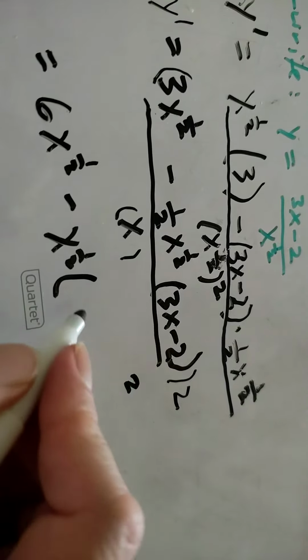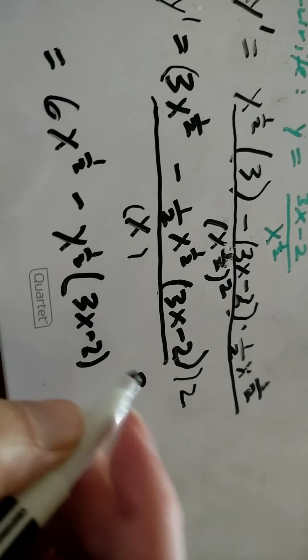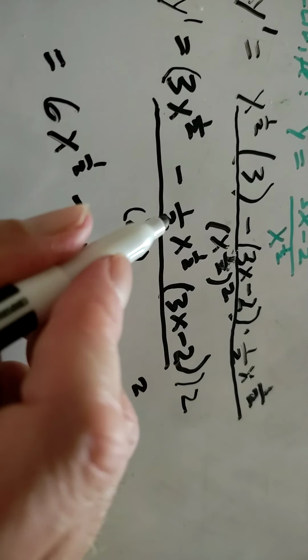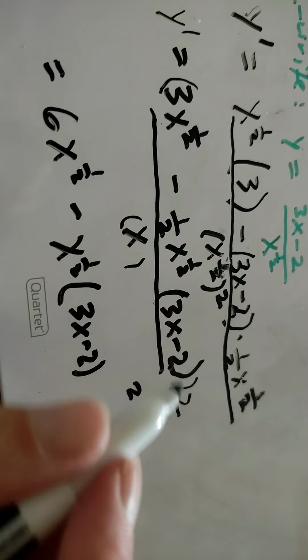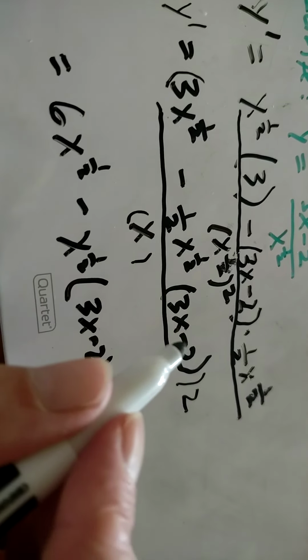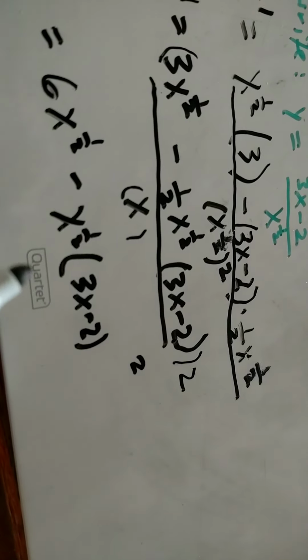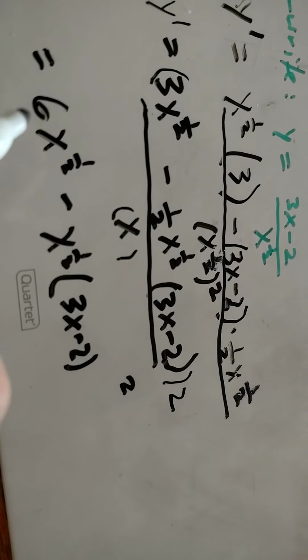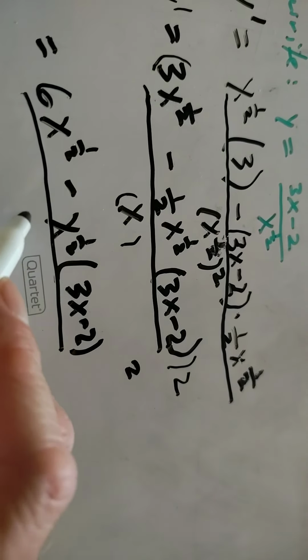And then don't forget that other factor of 3x minus 2. So when you have factors, just multiply the first two together and then rewrite the other factors. We're not distributing this 2 with this and that, because there's no pluses or minuses. You only distribute with pluses or minuses. And that's going to be all over 2x.